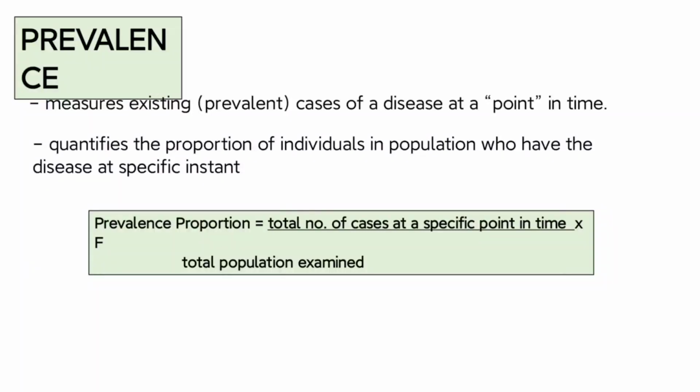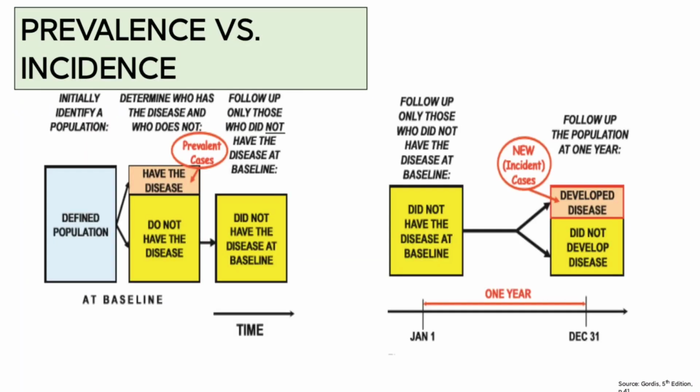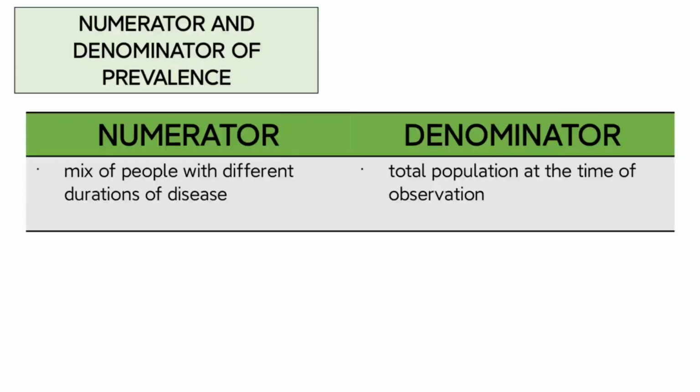So, prevalence proportion is the total number of cases at a specific point in time. So, similar lang. Yung incidence, yung mga new cases yun. Pag prevalence naman, number of cases at a specific point in time over the total population examined multiplied by your factor. So, ayan, no? Yan.